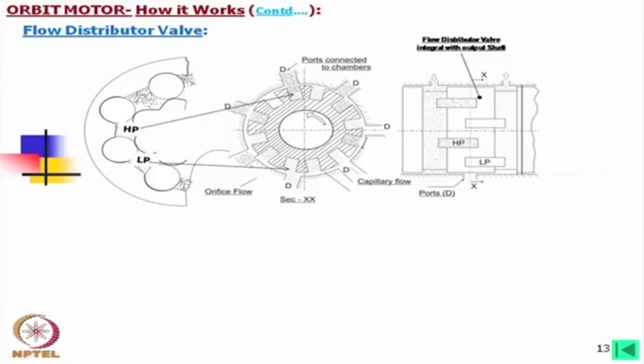So, what we find, 2 are blocked, 4 are open, 2 high pressure are blocked, whereas 3 low pressure slots are open to 3 chambers, that must be in compression mode, oil is going out. So, this is the beauty of this valve. I do not know who invented this, but it is a very unique design.